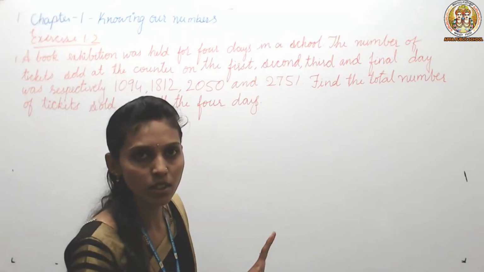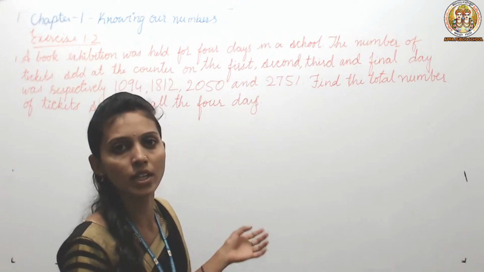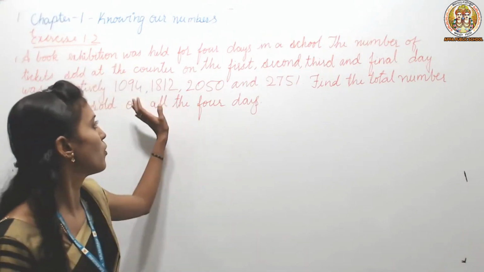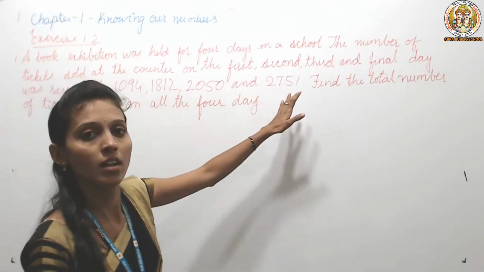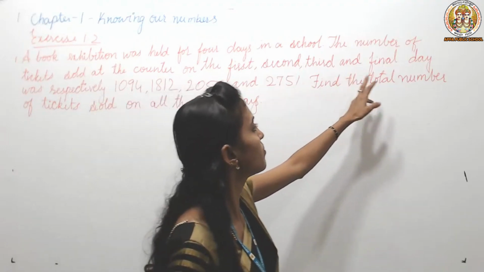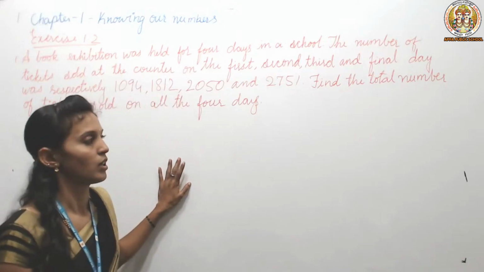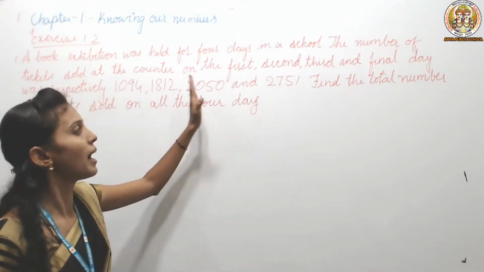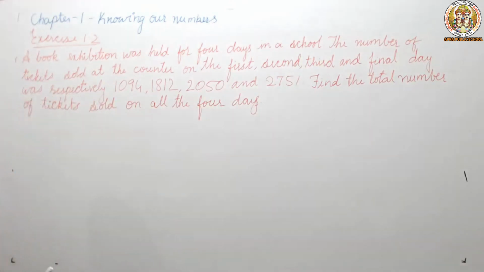Exhibition means there will be a counter. Without a ticket, you can't enter the exhibition center, right? So for 4 days, a few tickets were sold each day. You have to find the total number of tickets. So what to do here? You sum. That means you have to add all 4 numbers. Shall we go for the solution?